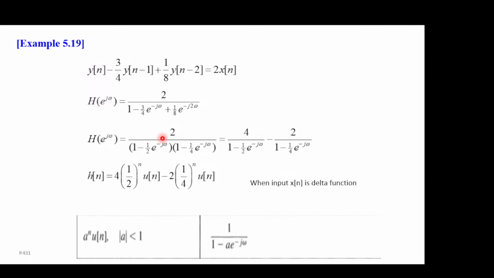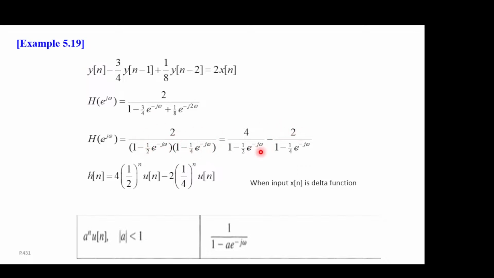So for partial fraction expansion, you factor the denominator. Hopefully you are handling good numbers, and here we are given good numbers, so you factor perfectly into 1 minus 1 over 2 e to the minus j omega, times 1 minus 1 over 4 e to the minus j omega.